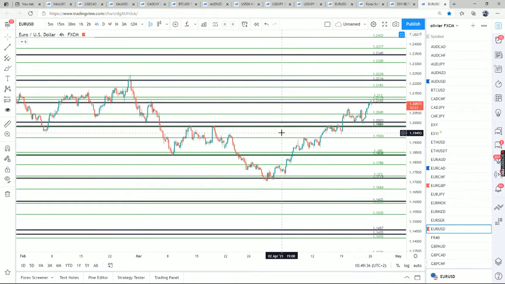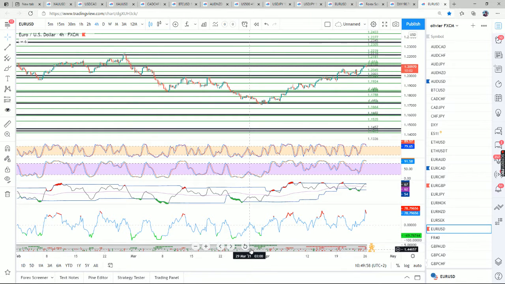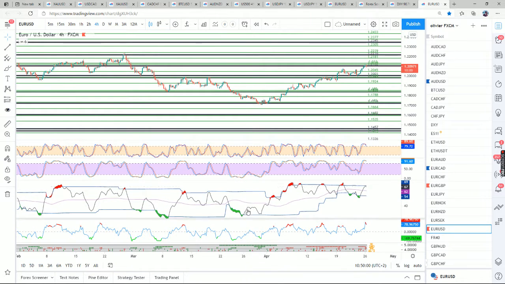Now, the idea is we have a system that is defining levels of interest, but we needed a system that was telling us, yes, price is ready, price is exhausted, and price can pull back or bounce. For that, we are using 4 indicators. This one, I will come to later.